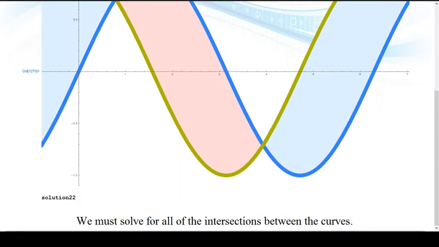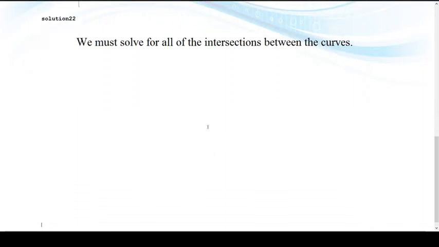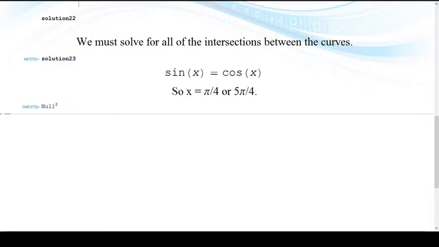we must solve for all of the intersections between these curves. So we set one curve equal to the other, we get sine equals cosine.